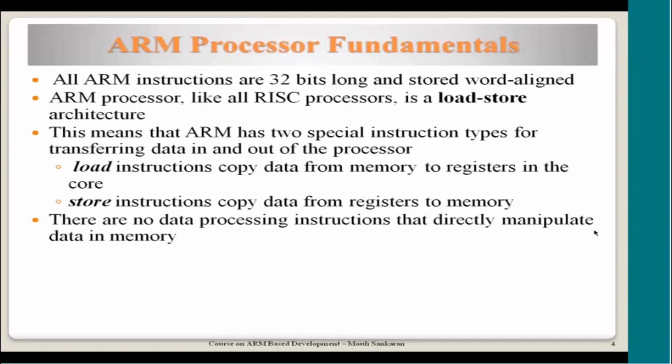Once the result is written back into the register, it has to be written back into memory, wherever the result is supposed to go, by using a store instruction. So addition cannot be performed by directly picking up an operand from memory, whereas CISC processors support that.